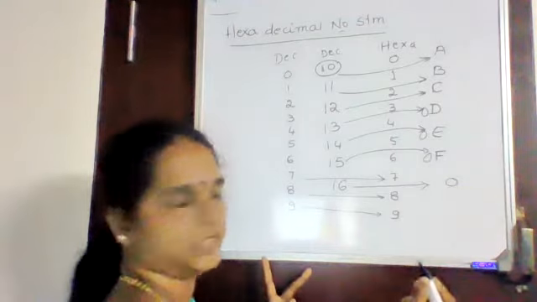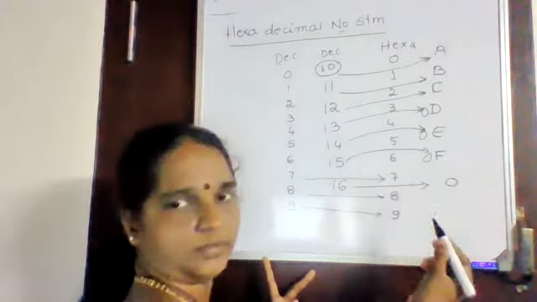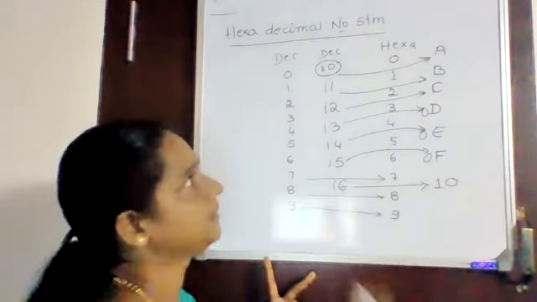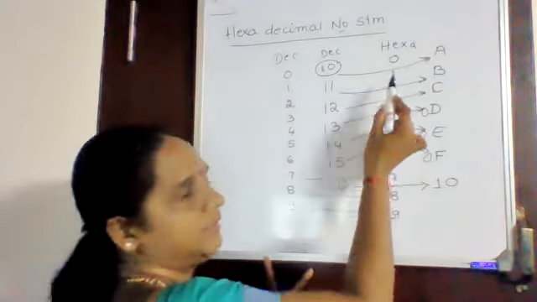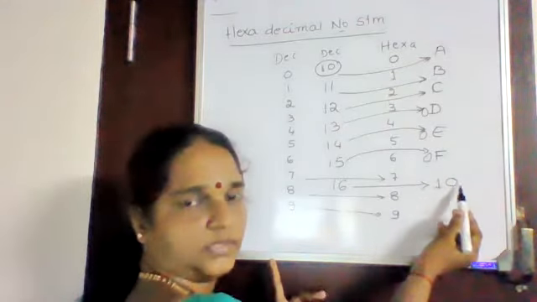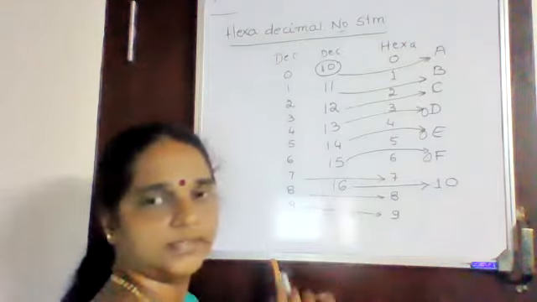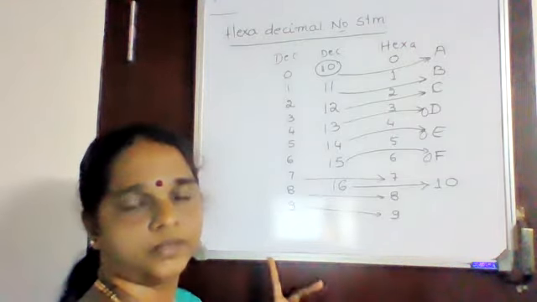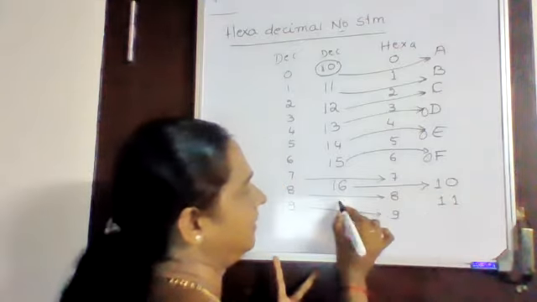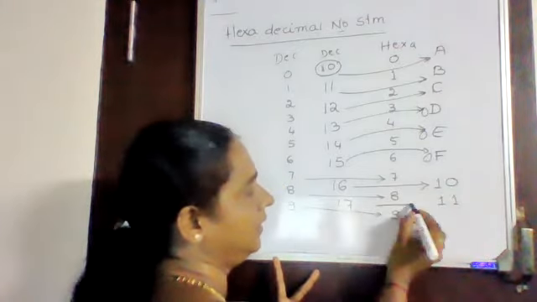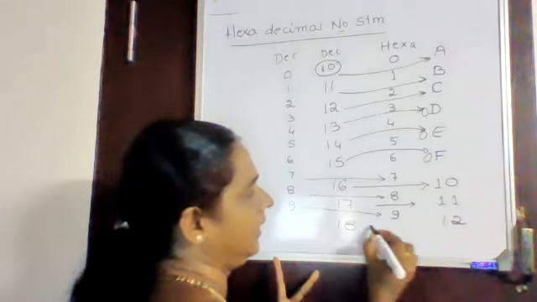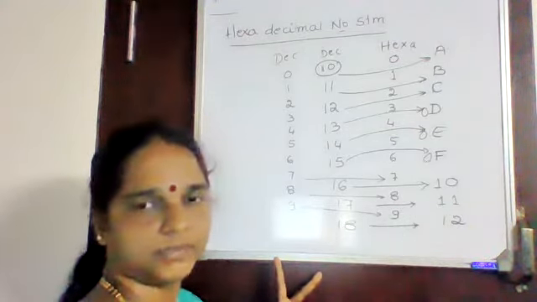This column becomes 0, but in the second column we write 1, the next number in the sequence. So this becomes 1, 0. So 1, 0 in hexa is nothing but 16 in decimal. Now 1, 1 is 17 in decimal. 1, 2 is 18 in decimal.